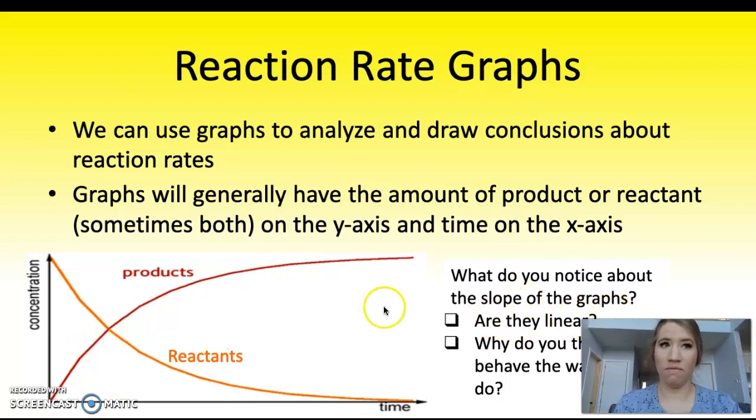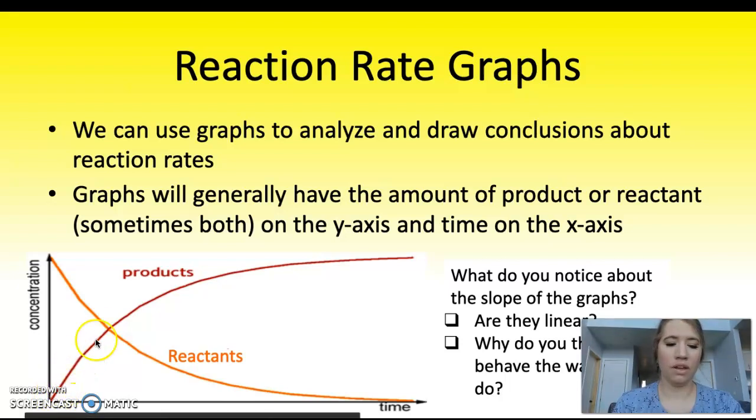Are they linear? No, it looks like they have a curve to them. And why do you think they behave that way? Why are they not linear? Let's think about that. Well, if we look at this graph, we're starting off with a very steep slope, and then as we get to the end here, we have a very shallow slope.